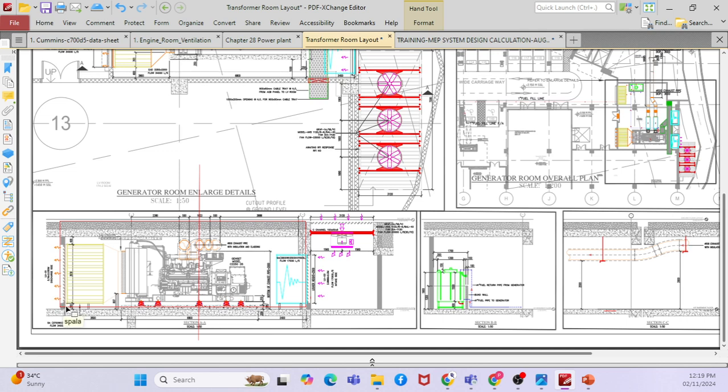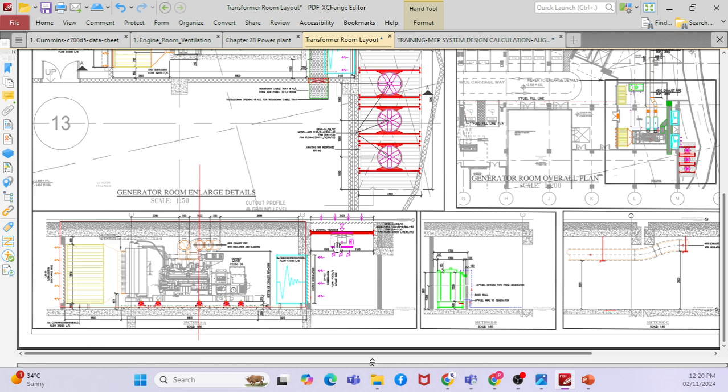You also have to connect to the generator, because otherwise the exhaust gas will go inside the generator room, so you have to provide ducting. So here you have an intake louver, a discharge louver, and a connection piece. You have to calculate all the pressure drops, and the total should not exceed 127 Pascal. If it exceeds 127 Pascal, then you will add one exhaust fan here, right?